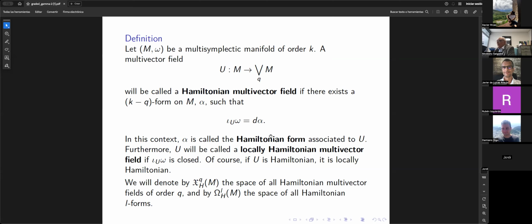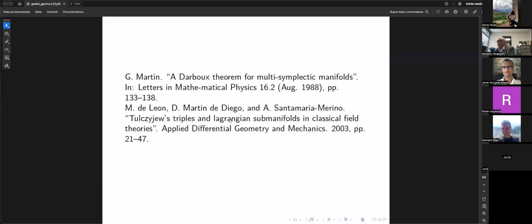And the form is called a Hamiltonian form. So in this case, we don't have this isomorphism between vector fields and one forms. So not all the multivector fields will provide a Hamiltonian form. And so we can consider the space of Hamiltonian multivector fields of order Q, this is this thing, and the space of forms, this is notation.